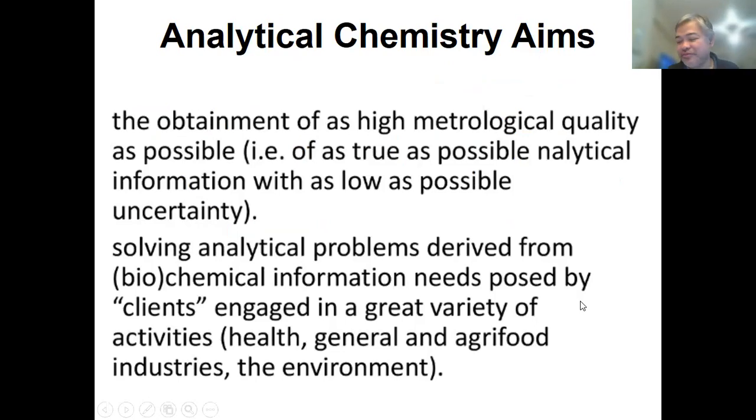Now the main aim of analytical chemistry is the obtainment of as high metrological quality as possible, so as true as possible analytical information with as low as possible uncertainty. So it solves analytical problems derived from chemical or biochemical information needs posed by clients engaged in a great variety of activities: health, general, and agri-food industry and the environment.